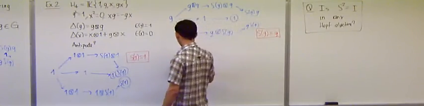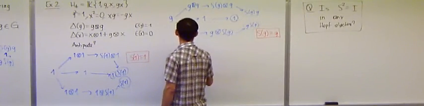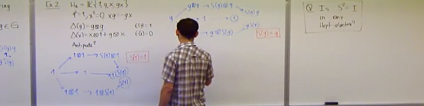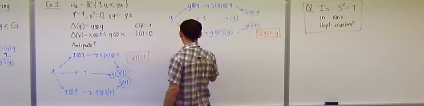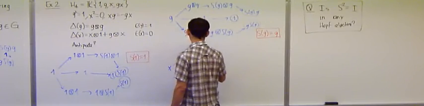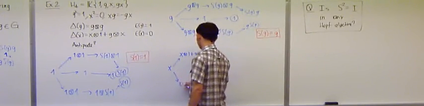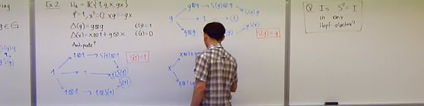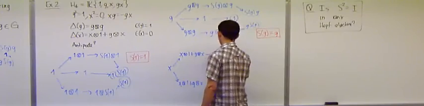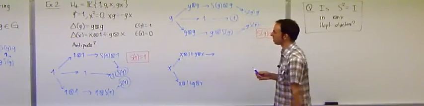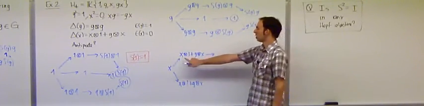Now let's do it for X. So X takes me to X tensor 1 plus G tensor X when I apply the coproduct. Now let's apply S on the left coordinate, and the identity on the right.